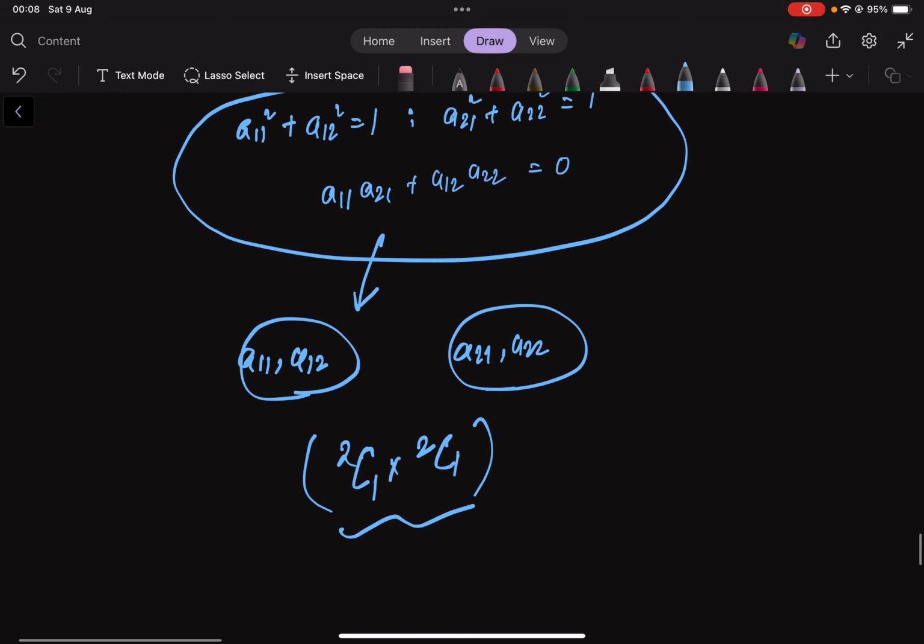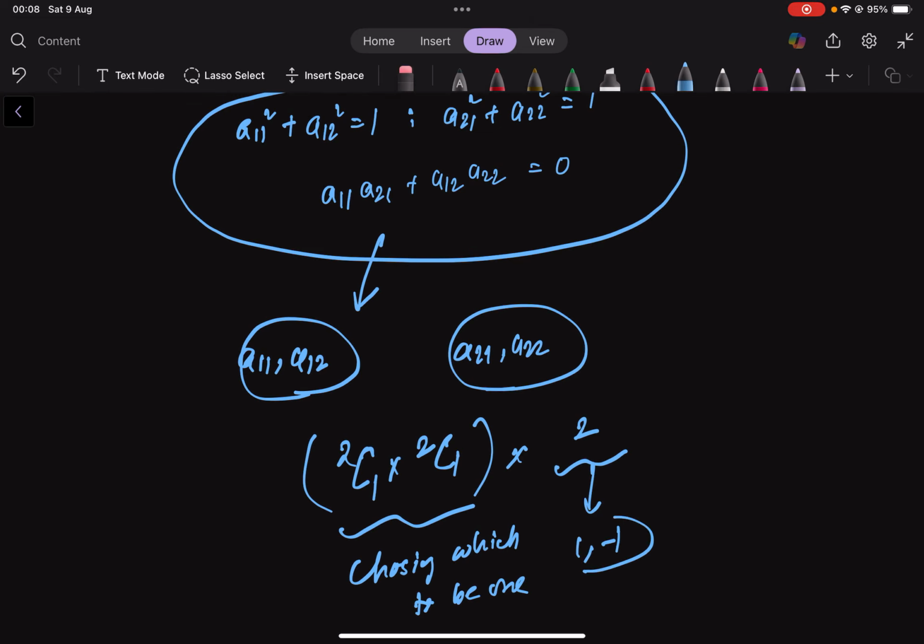So basically choosing which to be 1 is 2 ways, and I am doing it 2 times. Once it is 1, the square is 1, so each element can be either 1 or negative 1. So for that I am multiplying by 2.